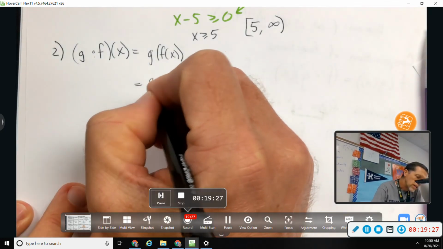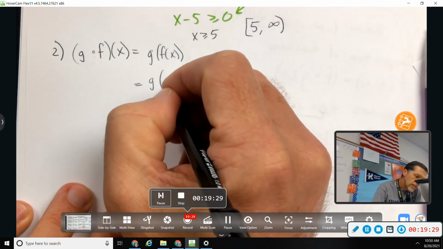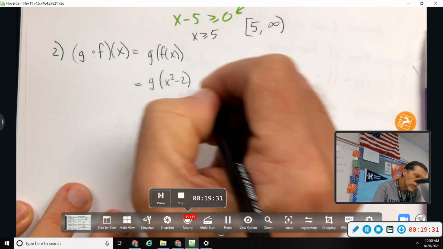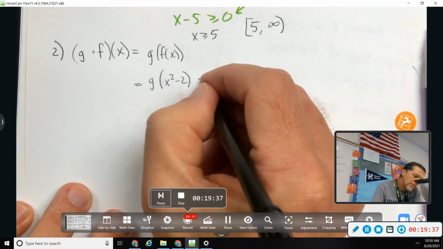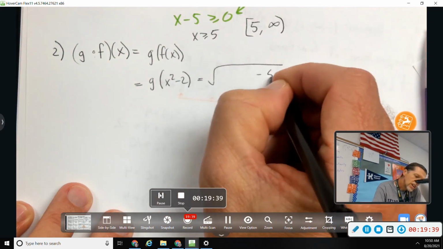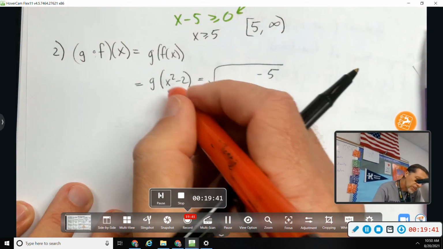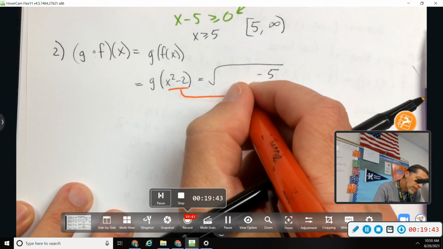So g of x squared minus 2. So that means I go to my g function, and whatever's in parentheses goes in for x on the other side.